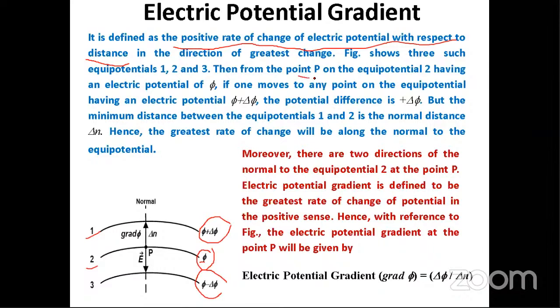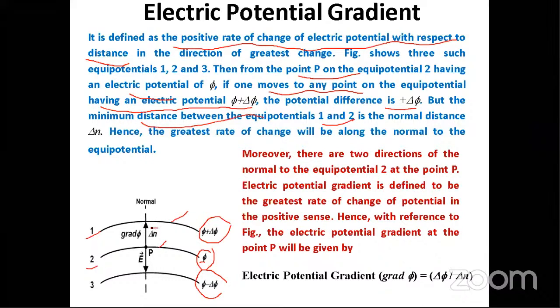The point P on equipotential 2 has an electric potential phi. If one moves to any point on the equipotential having potential phi plus del phi, the potential difference between these two is del phi. The minimum distance between equipotential 1 and 2 is denoted by del n.